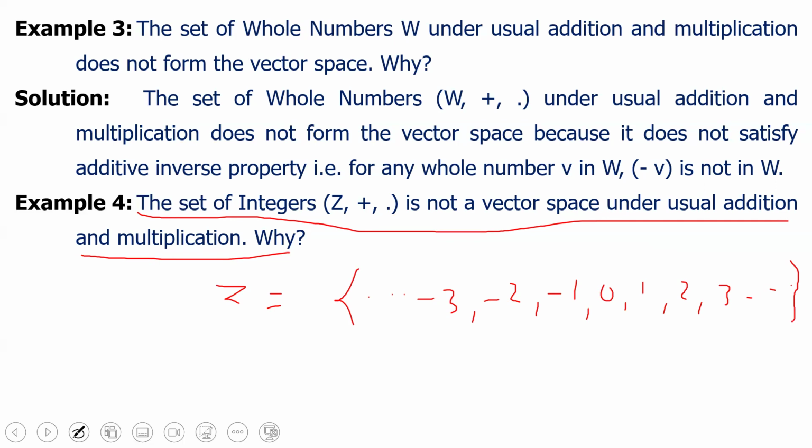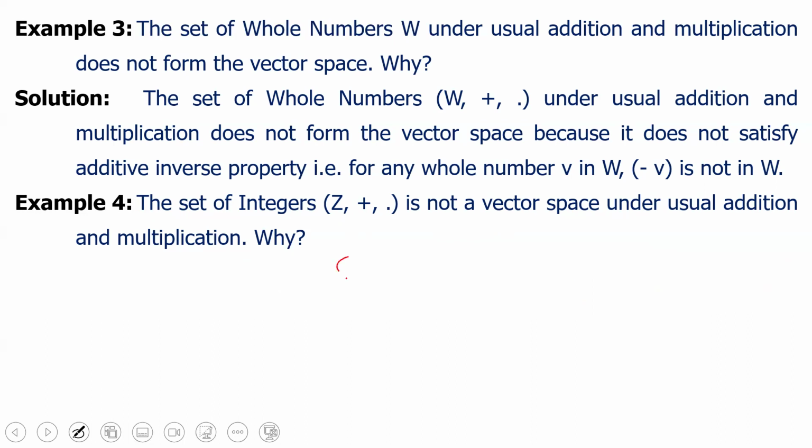Let us check whether this will satisfy all the properties of a vector space or not. The first property holds, the closure axiom holds, the associative axiom holds, the additive identity is 0. And for each and every element, its inverse is also present. So the additive inverse property also exists. The commutative property also holds. But if we go to the sixth property, scalar multiplication.